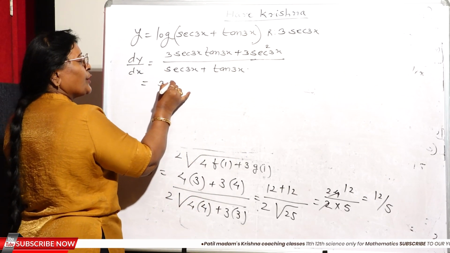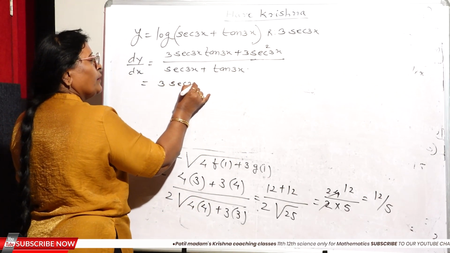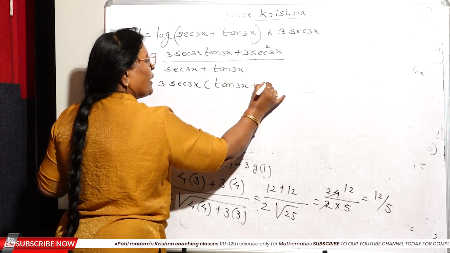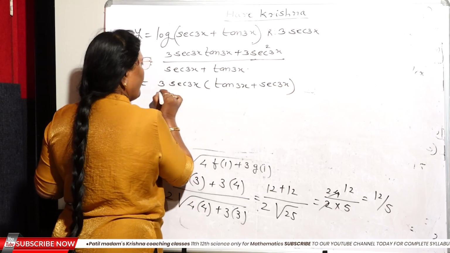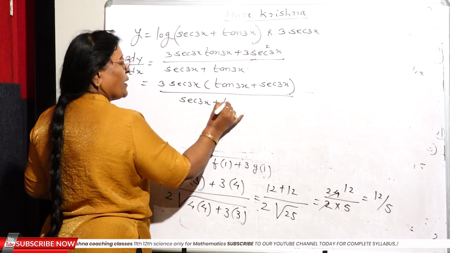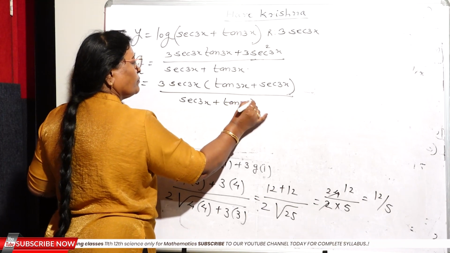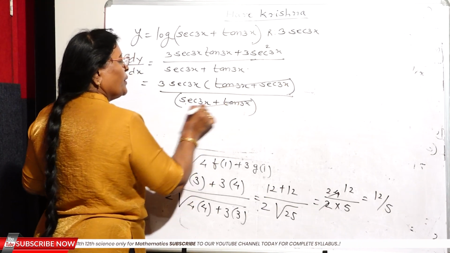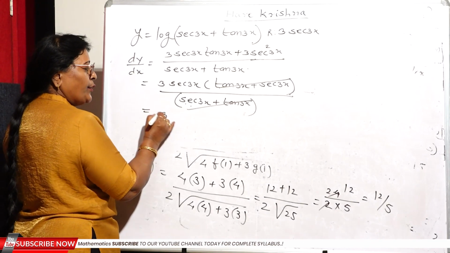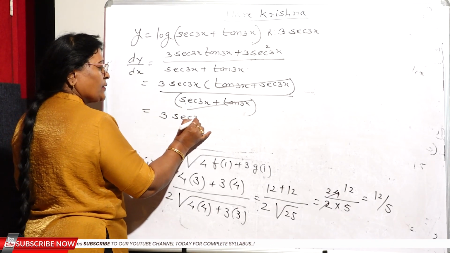Now you can take 3 sec 3x common. What remains? Tan 3x plus sec 3x divided by sec 3x plus tan 3x. Now the same term in the numerator and denominator gets cancelled. Here you have got 3 sec 3x.